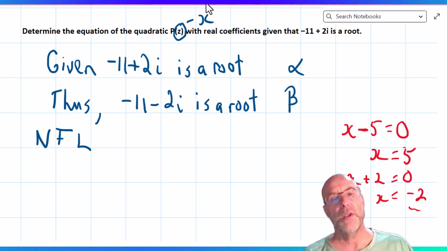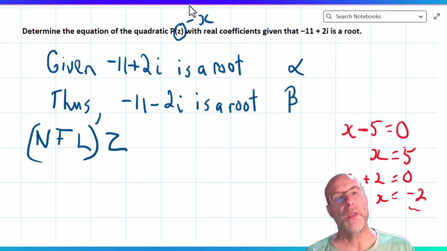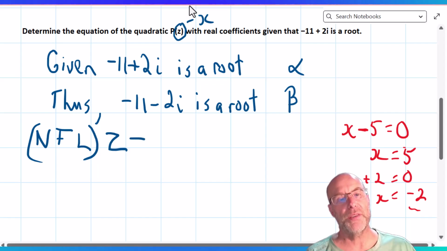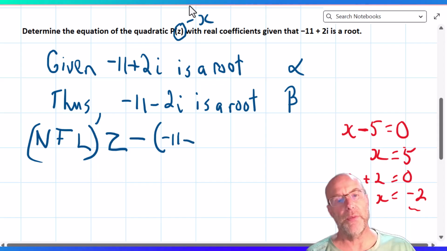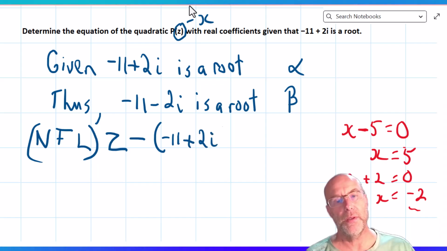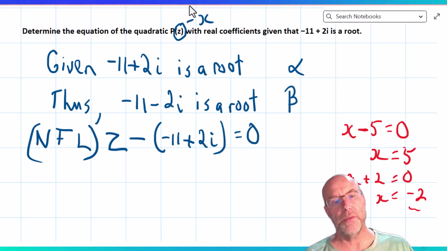So in this case with z, we have a z minus the first root, alpha, negative 11 plus 2i, equals 0 because of the null factor law, and that could be used to determine the root which was given above. It's one of the two factors for this quadratic.